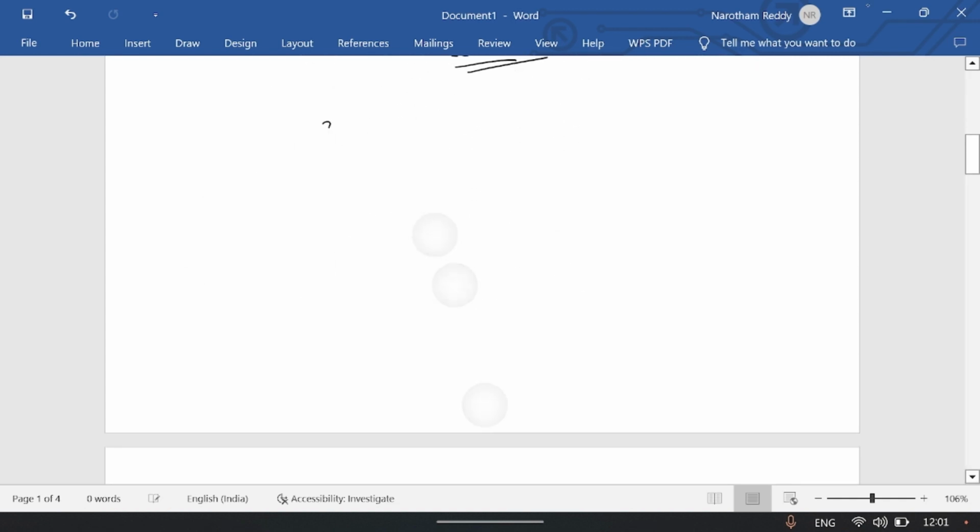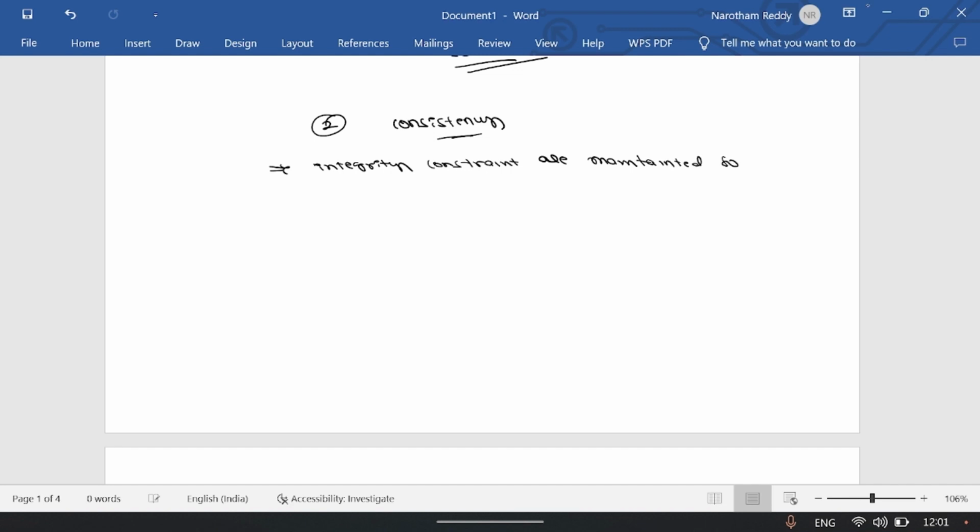Now let us consider the second one, consistency. Consistency means integrity constraints are maintained so that the database is consistent before and after the transaction.